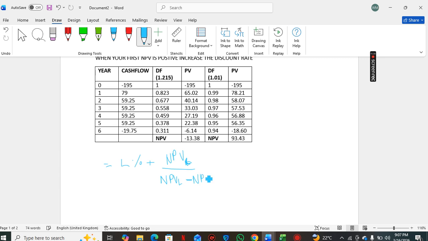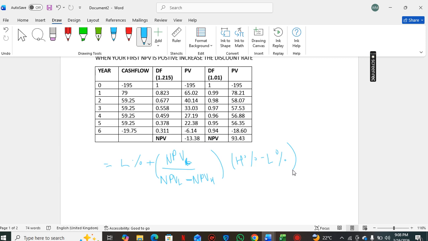NPVH is the net present value with the higher discount rate. Then H% minus L%. Other books you see it as A and B%, but I like to use H and L so that you know which one is which.